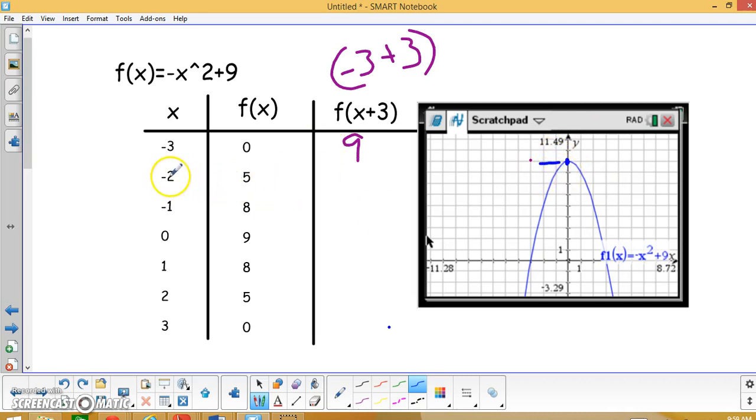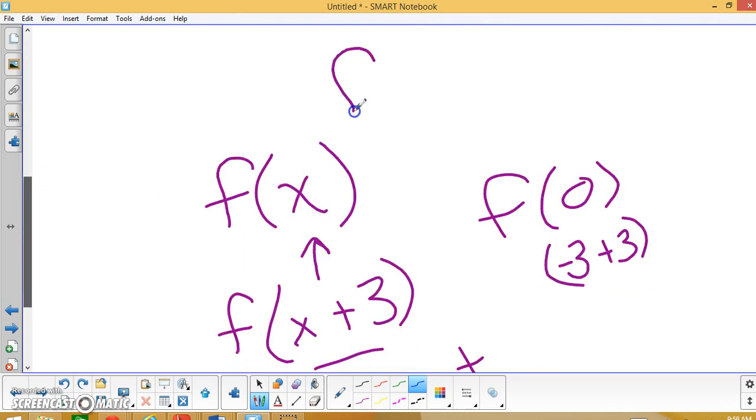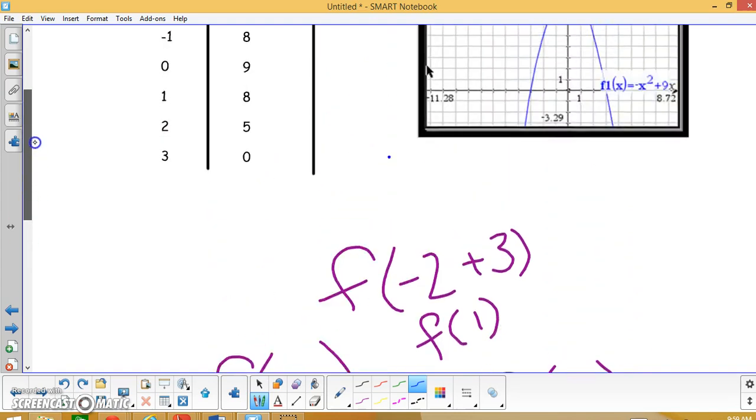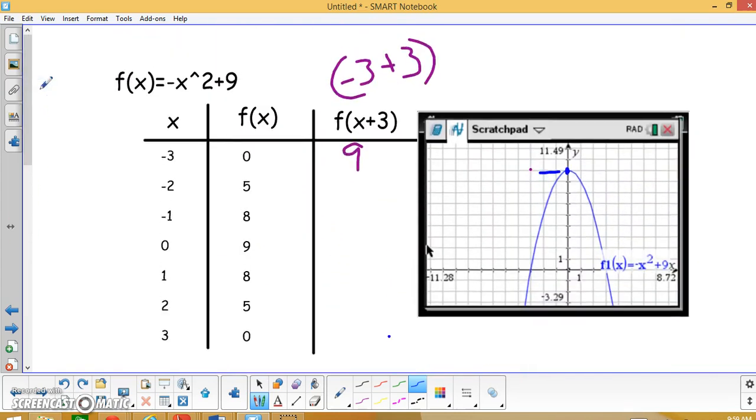Now let's take a look at the next one. If I have f of -2, that was my x value, plus 3, I now have f of 1. Now my x value is still -2, but I now have an input of 1. And when I input 1, I'm going to get out the number 8.